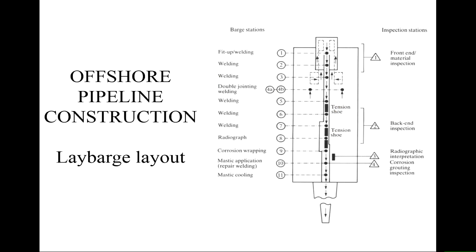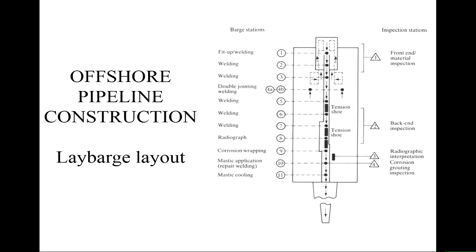So here's a typical system. You'll have fit-up welding at the top, and then a welding stage, then a capping and welding stage. You might have a double jointing station where you join 2 pipes together, and then those are included. So there's another 3 welding stages there. By that time, hopefully you've got your root pass, your hot pass, all your fill passes and your capping pass done, and it's cooled. And then you've got radiography. In this particular case, you might have automated ultrasonic inspection of each weld.